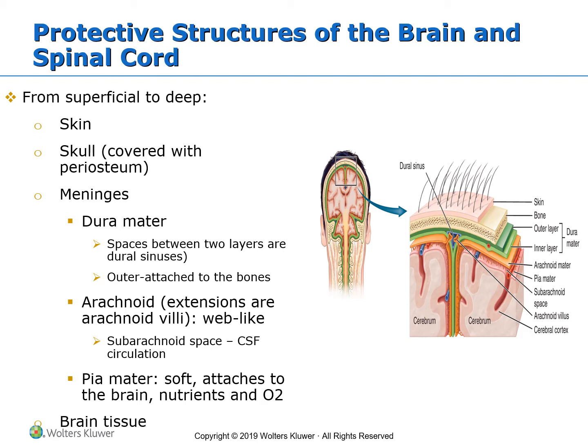Now, if we have an injury, and if you look at this image, you can see there is no subcutaneous tissue. There is no fat in between the skin and the bone. That's why all the lesions of the scalp usually produce a lot of hemorrhage, even if they do not involve the inside of the cranial cavity.